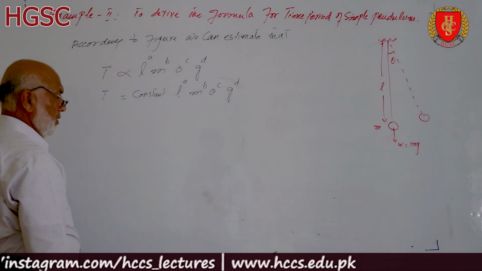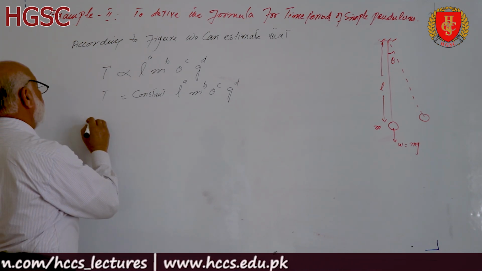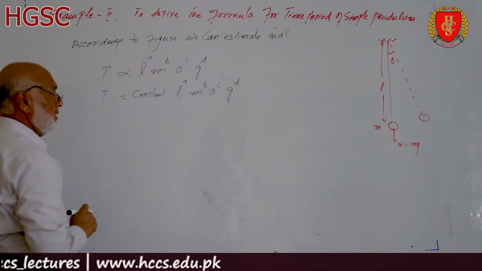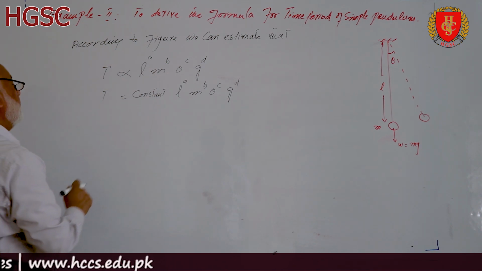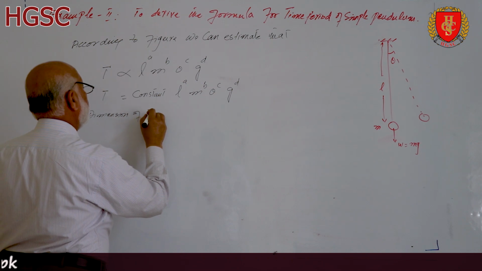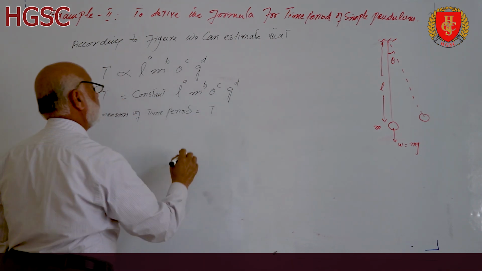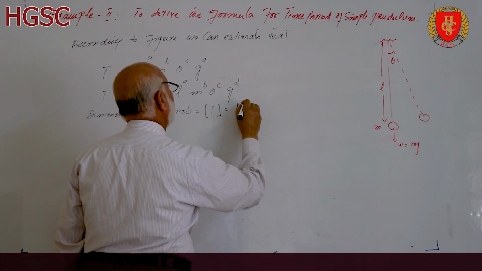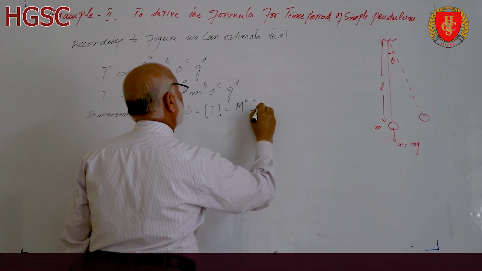So we write all these quantities in terms of their dimension. Time period T is also equal to m0 l0 t1.